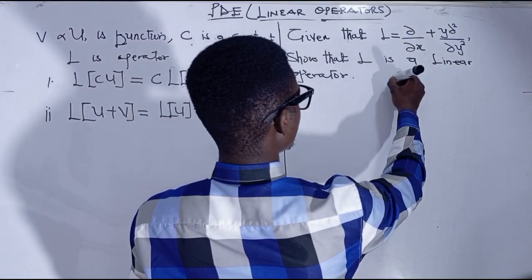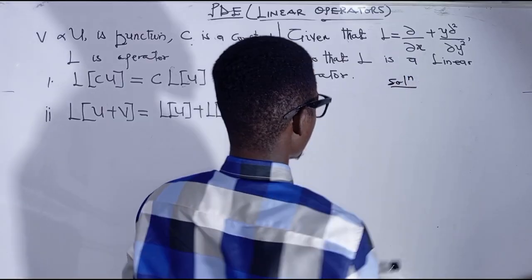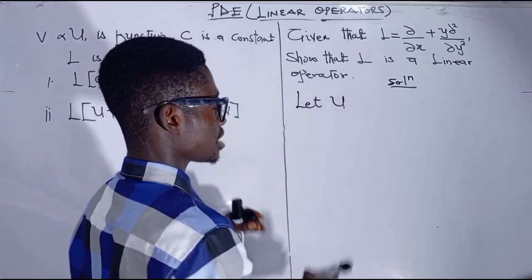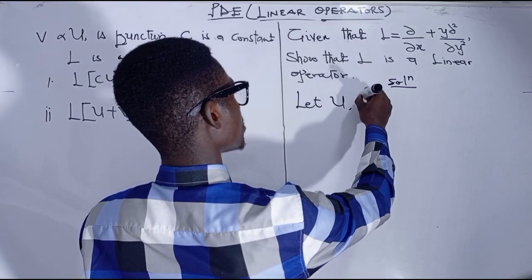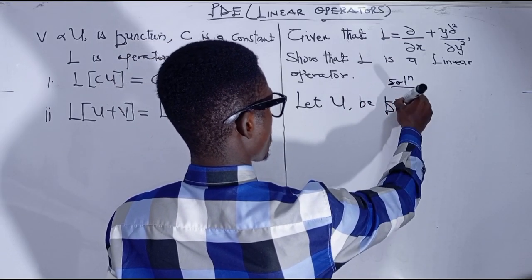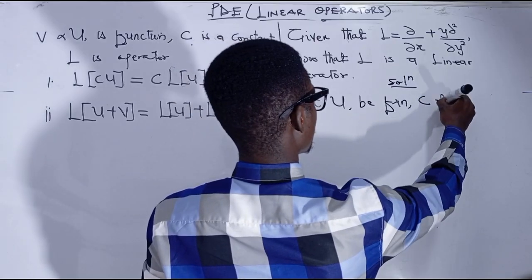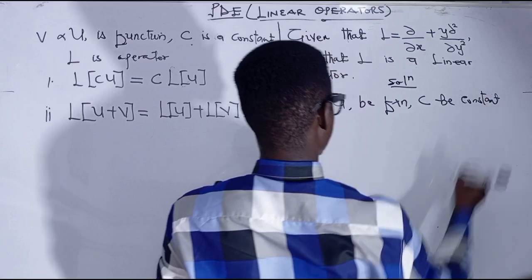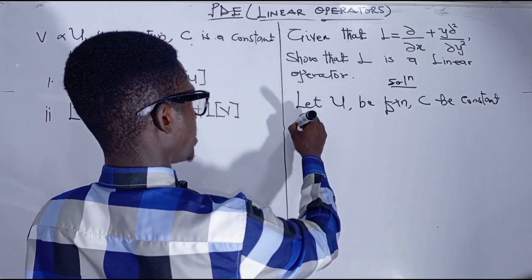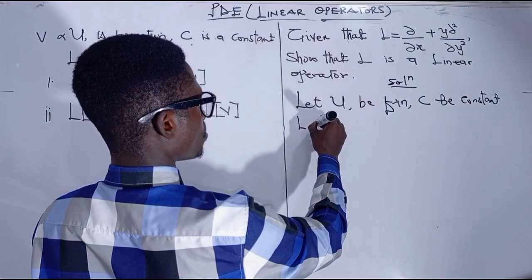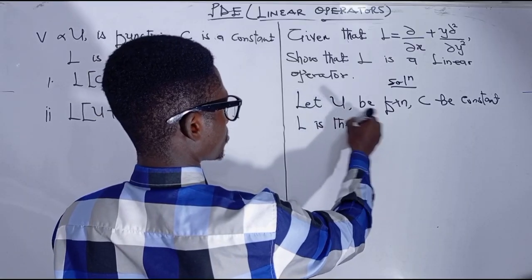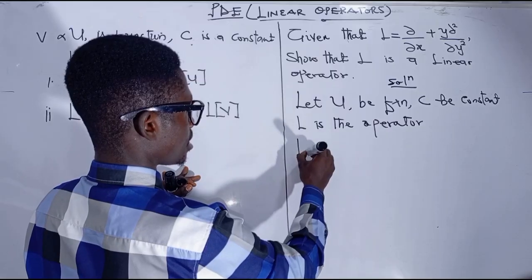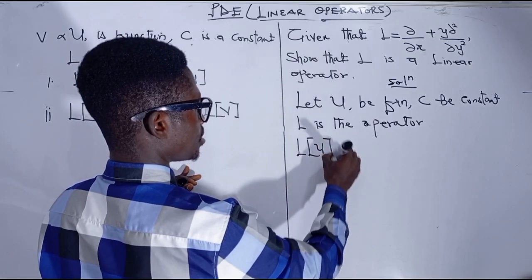So we have our solution. We let u be the function, c be a constant, and L be the operator. First of all, we have to find Lu, that is L operating on the function u.